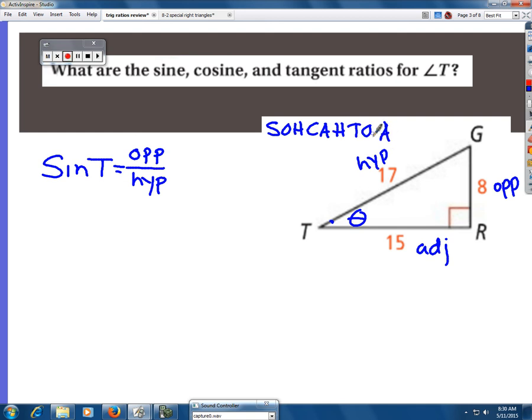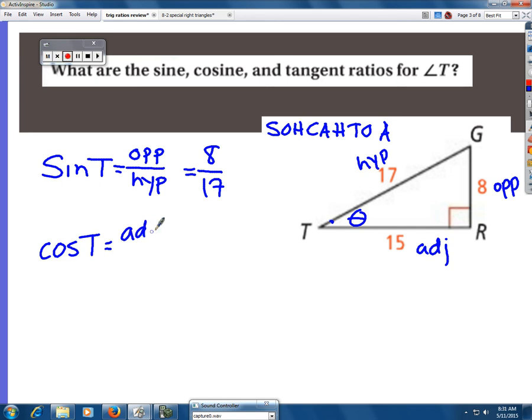And looking at this triangle, for this one, we're just going to find sine, cosine, and tangent. When we get to the next problems, we'll finish this part where I said write out SOHCAHTOA. Opposite in this case is 8, and hypotenuse is 17. So sine of T is 8 over 17. Remember, I also need cosine T and tangent T. So cosine is adjacent over hypotenuse.